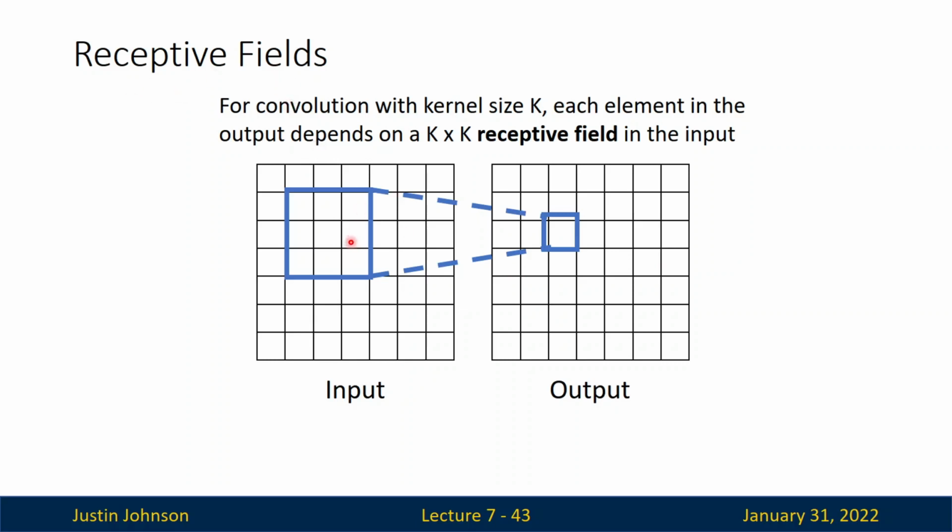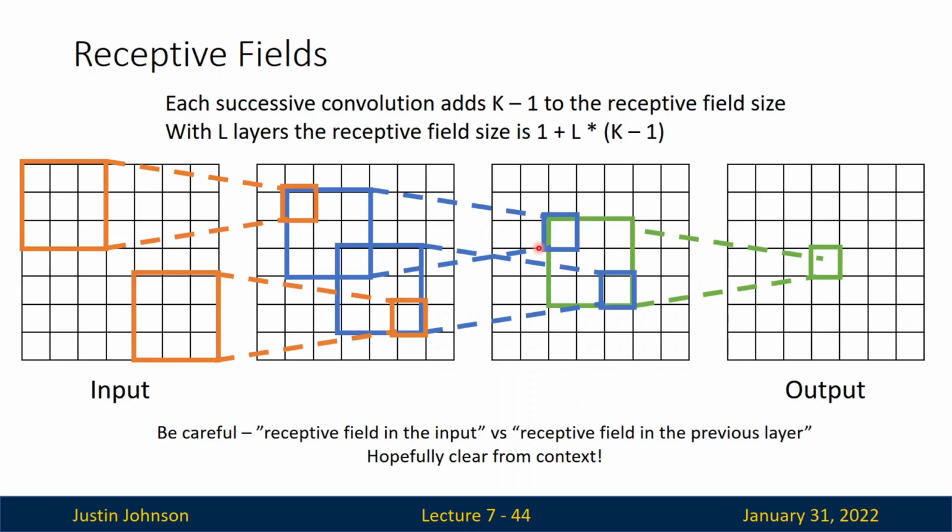So from this input and this output, if we apply it for multiple layers, what will happen? You see 1 pixel in the output layer. It comes from 3 by 3 pixels in its previous layer, and it comes from 5 by 5 pixels in its previous layer, and it comes from 7 by 7 pixels in the further previous layer.